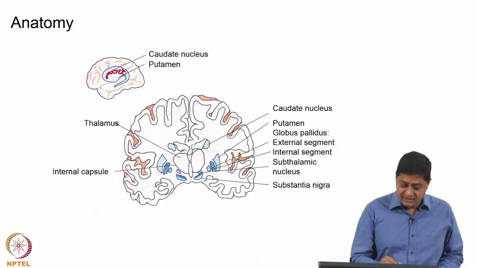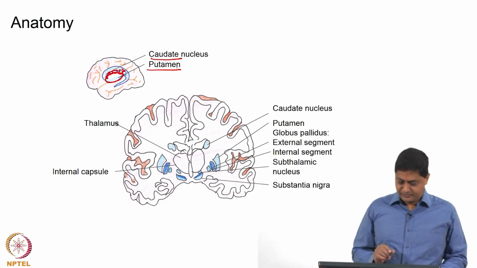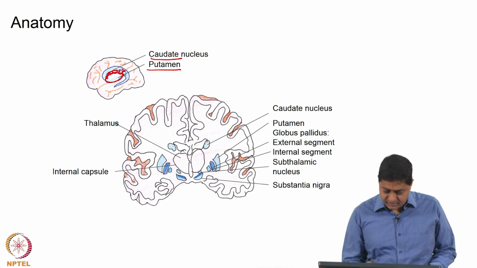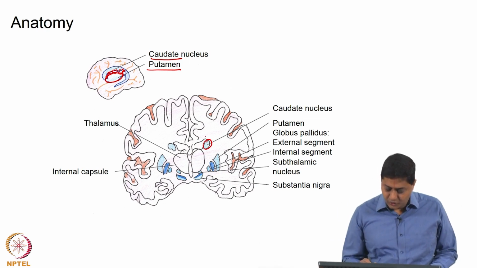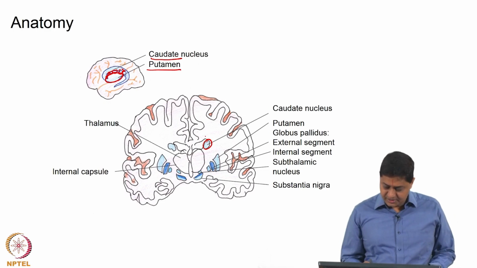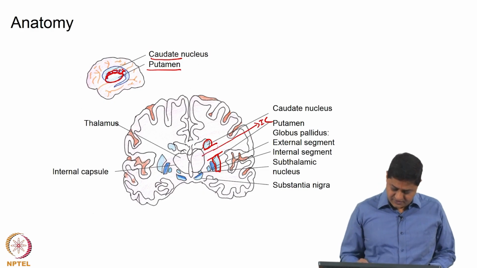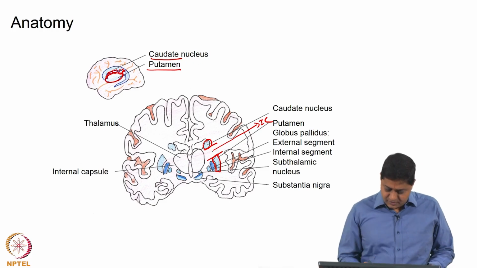So, essentially these separate caudate from putamen, right. So, you have caudate nucleus here, this is a coronal view, and you have putamen here. What is here? This is the internal capsule that separates caudate and putamen.